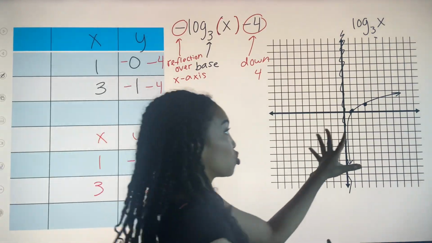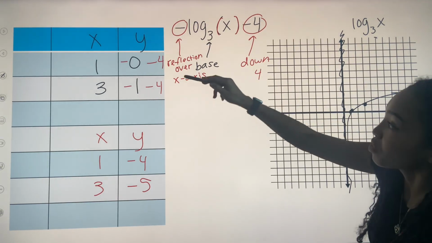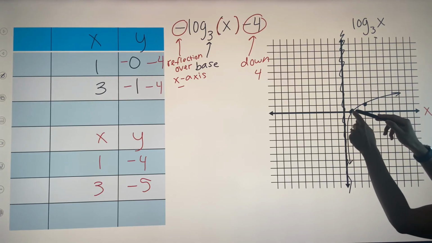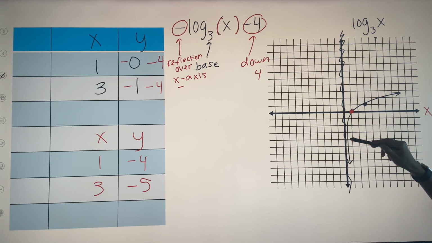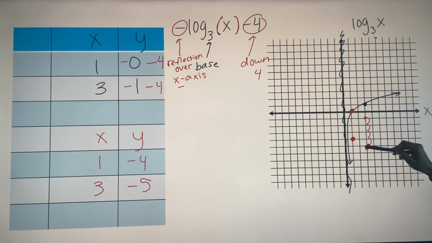Let me show you how to just transform the points. So it's a reflection over the x-axis. So this is your x-axis. That just stays the same because it's already on the x-axis. And then it goes down 4. 1, 2, 3, 4, right here. This point, first it needs to reflect across the x-axis, so it's right here. And then it goes down 4. So this is where your point is.